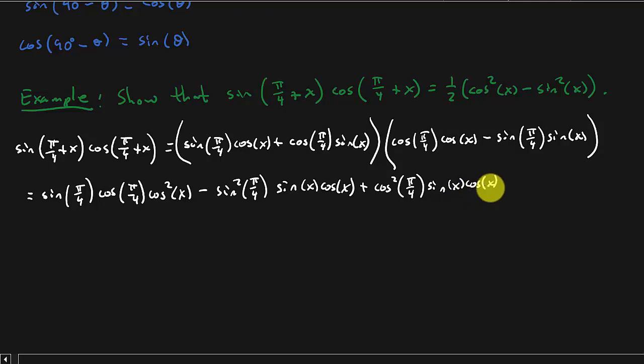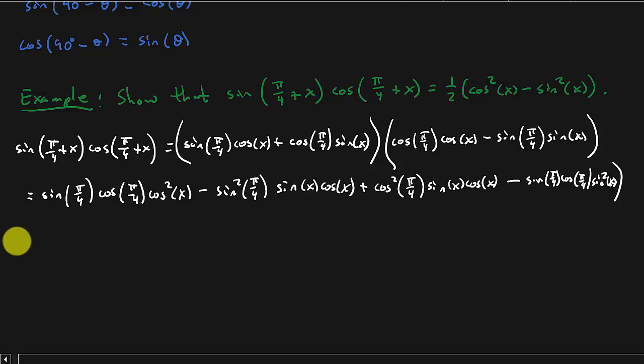So if I don't run out of room, and then multiply the last. So that's going to be sine pi over 4 cosine pi over 4, and then sine squared x. I don't think I ran out of room. I know that looks messy.